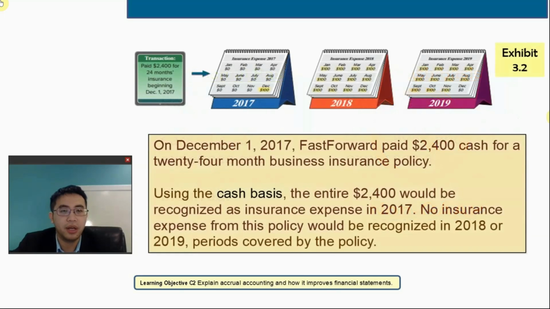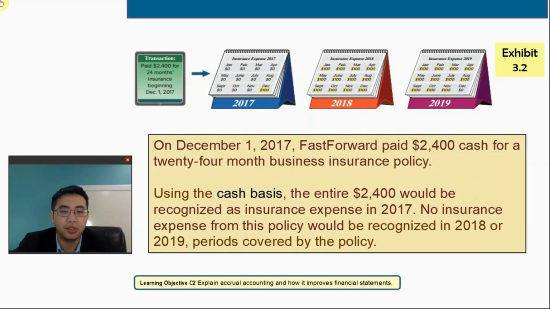All right, so here is one example. On December the 1st, 2017, Fast Forward paid $2,400 cash for a 24-month business insurance plan. Using the cash basis, you can see that for a 2-year period, at the beginning of the 2-year period, the entire insurance bill is being paid off.